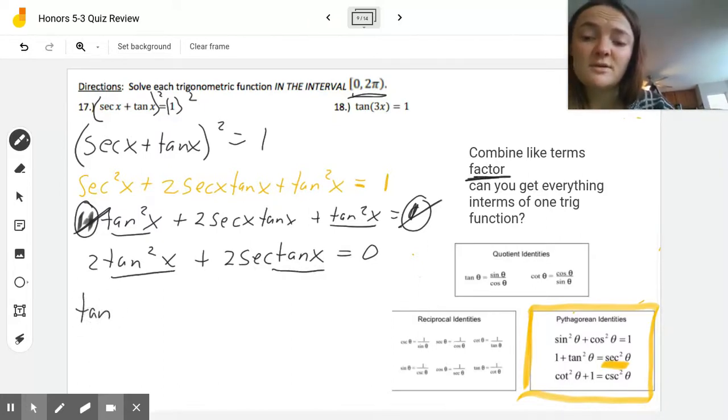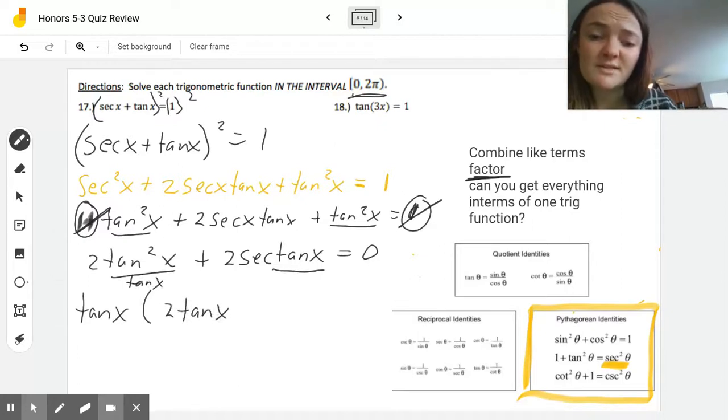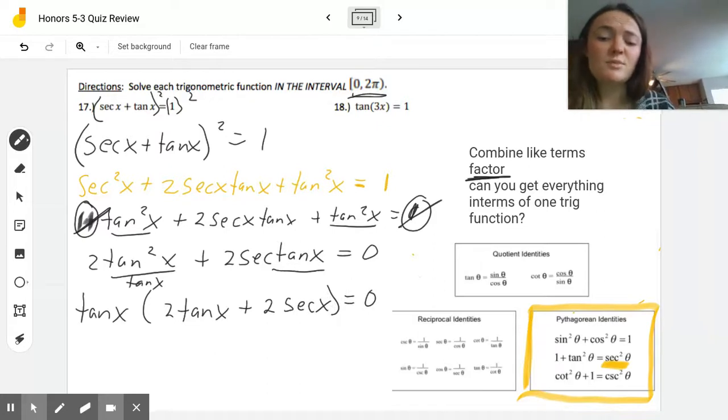So tangent of x is equal to, if I divide everything by tangent of x, what's left on the inside is 2 tangent of x, and dividing the other term by tangent of x, I'm going to get 2 secant of x is equal to 0. So at this point, I could use the zero product property to solve at least one piece of this comfortably. In fact, I take the 2 out too. I'm going to take the 2 out.